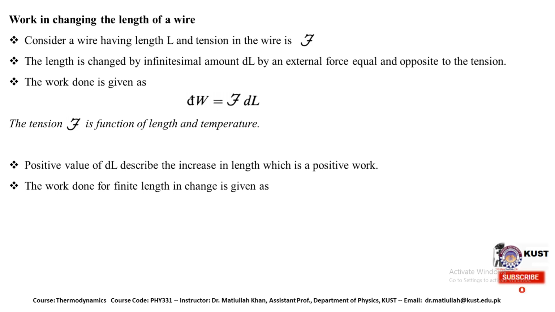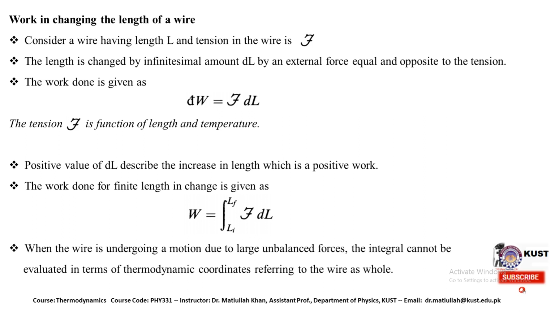A positive value of dl describes an increase in length, which is positive work, and the work done for a finite change in length is given by W equals the integral from Li to Lf of tension times dl. So when the wire is undergoing a motion due to a large unbalanced force, the integral cannot be evaluated in terms of thermodynamic coordinates.